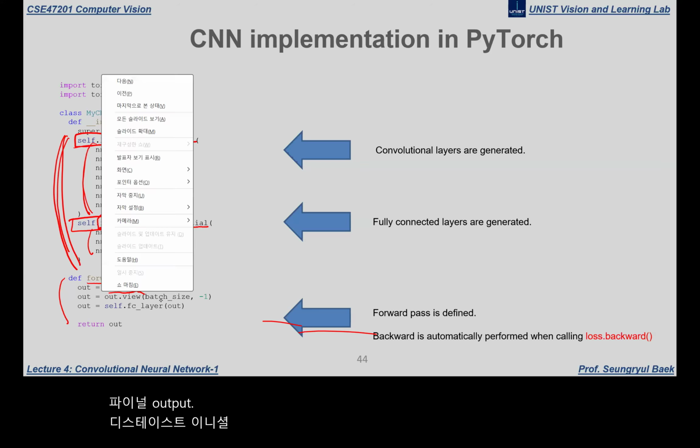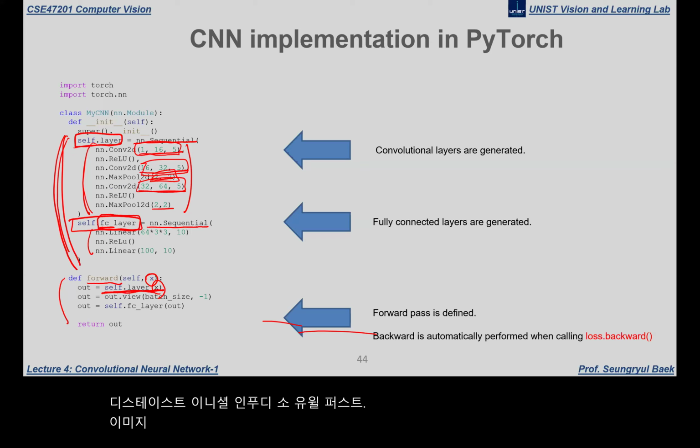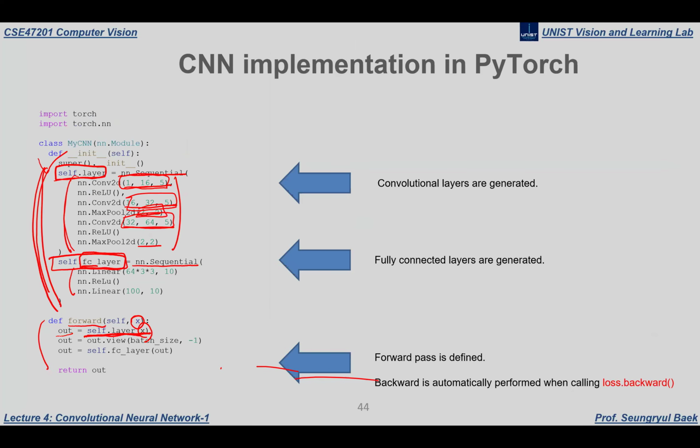You first feed the image input to the self layers you defined here. This is the convolutional layer, and this is the intermediate output.